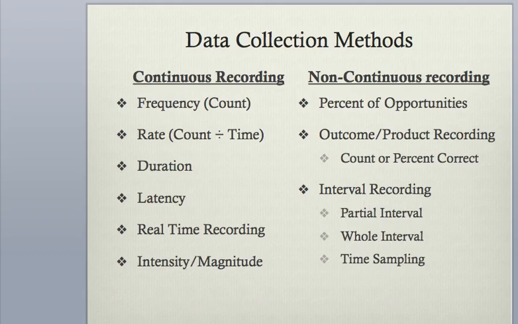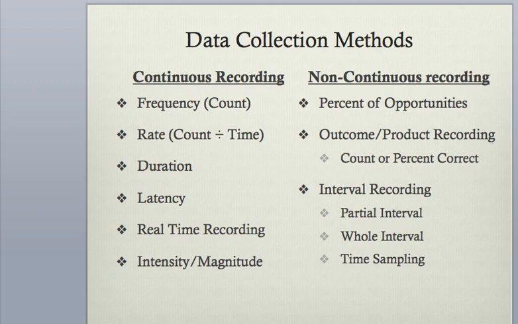Okay, so we have continuous and non-continuous recording methods. And so under continuous, when you're going to be observing full-time, you can count the behaviors. That's called frequency. You can count those behaviors and divide it by the time that you're observing and get what's called rate. So rate is usually talked about in terms of behaviors per minute. That's a typical one. You can also measure duration of a behavior.